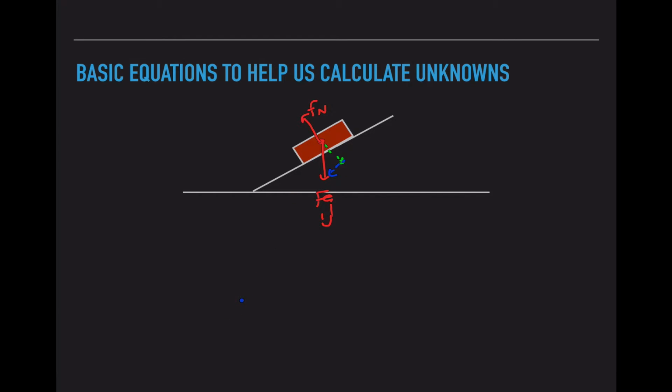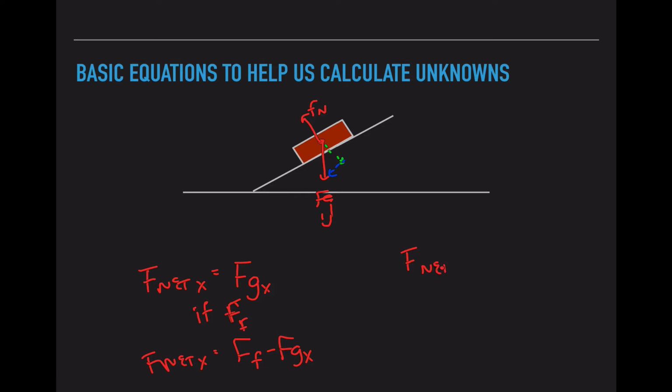And we have FGX. So right now, F net in the x direction, the only vector we have is FGX. If we use friction, we would have F net in the x direction is FF minus FGX.